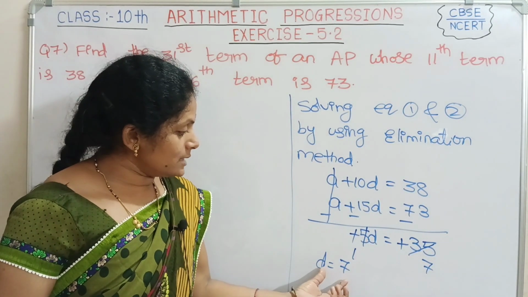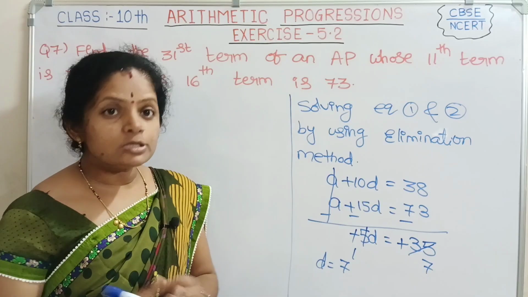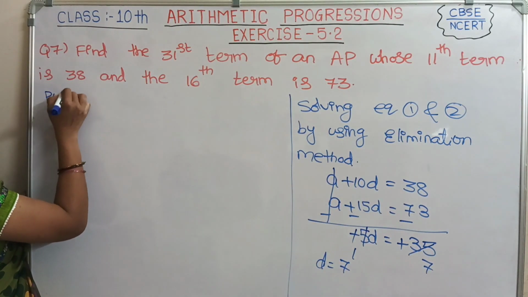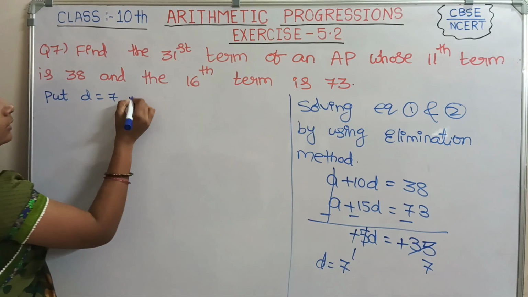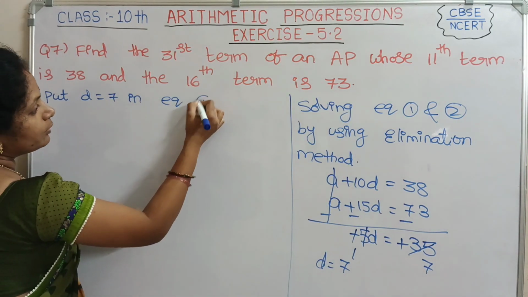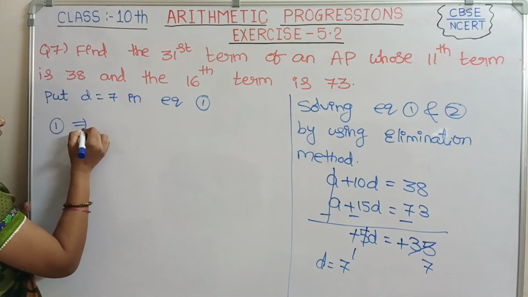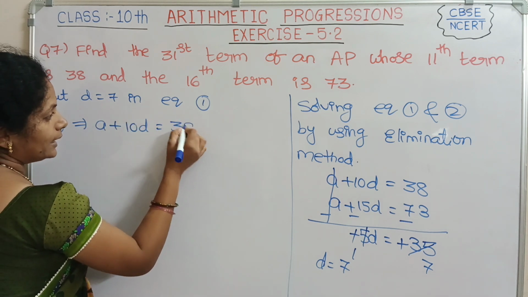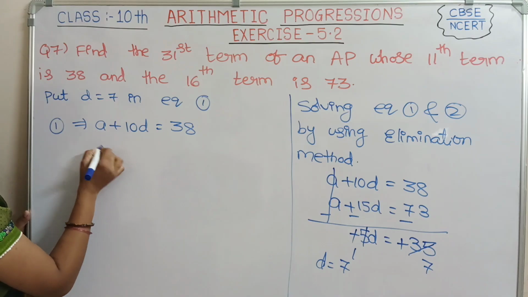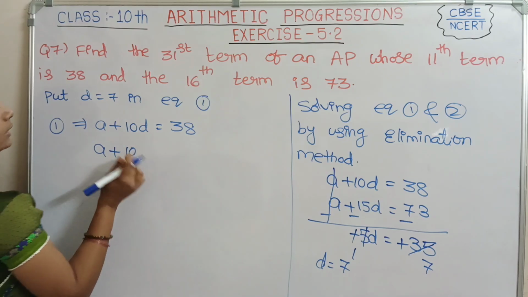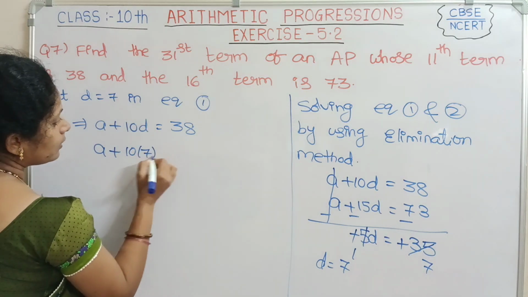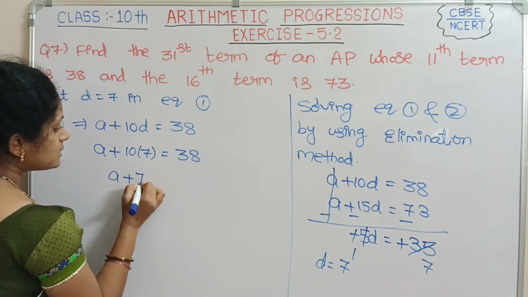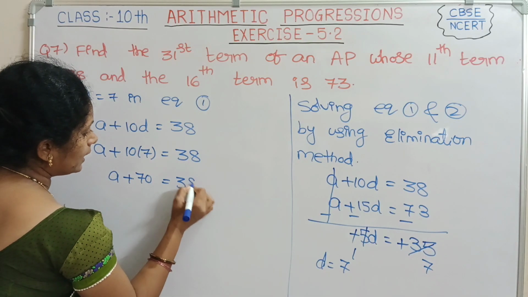Put D equals 7 in equation number 1 so that we can get the value of A. What is our equation number 1? A plus 10D equals 38. A we have to find out plus 10 into D, which is 7, equals 38. A plus 70 is equal to 38.